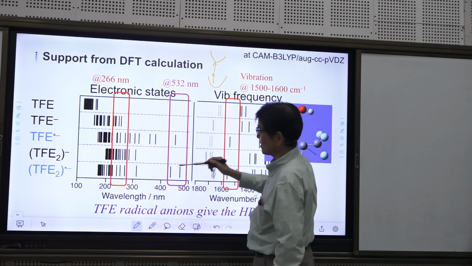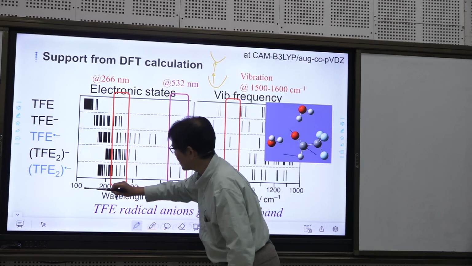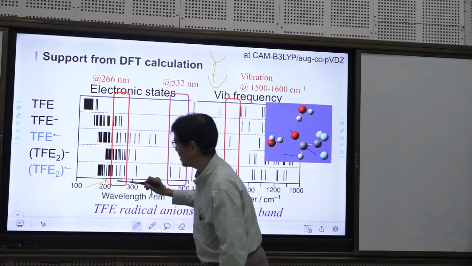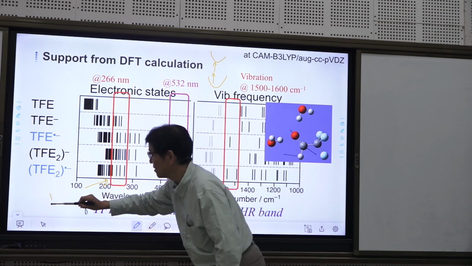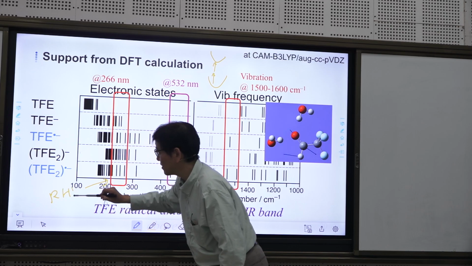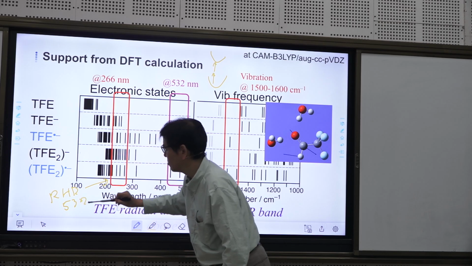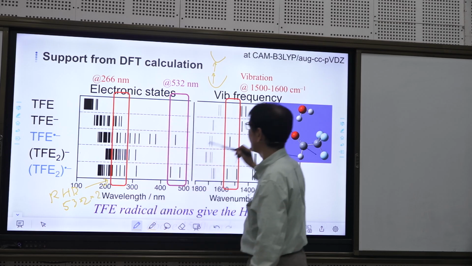Two-photon process and the electronic state near 266 nanometer allows resonance hyper-Raman effect by 2 photons of 532.